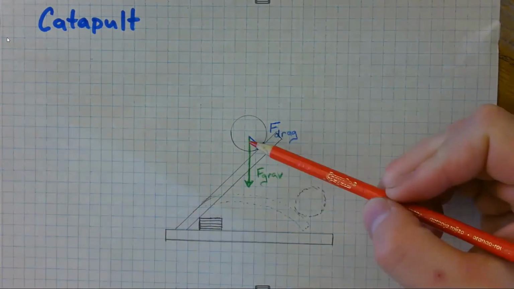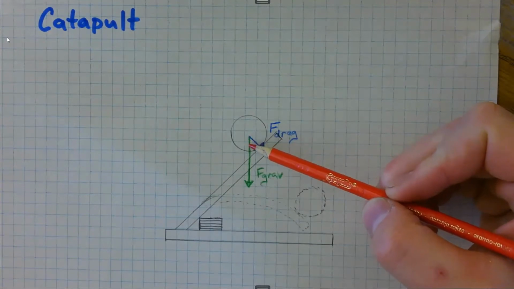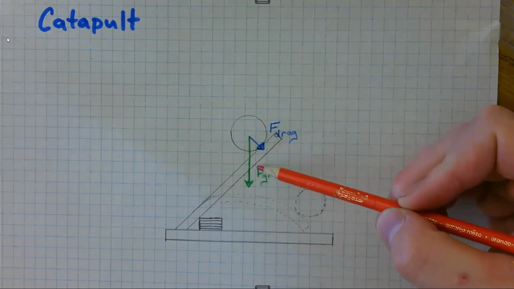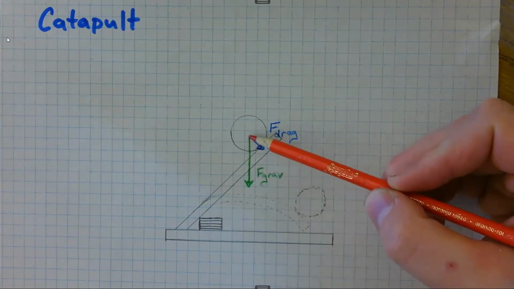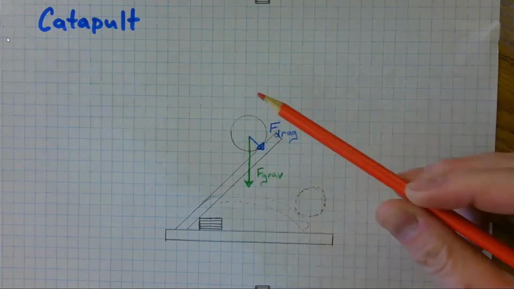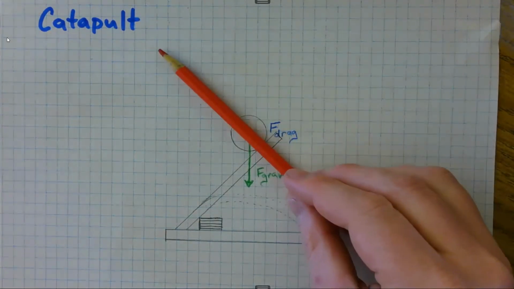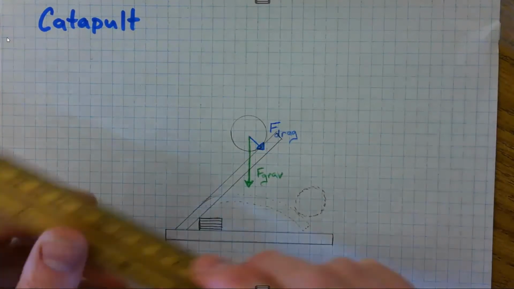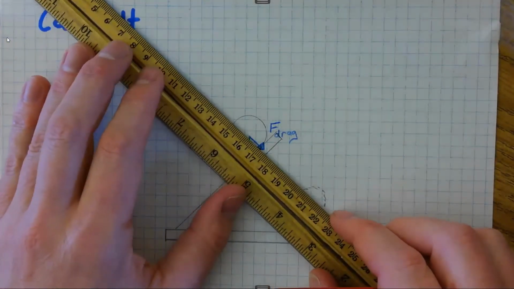Because if these were our only forces, that would mean that the marble's going to accelerate down and a little bit to the right. If we added these together to get our net force, the net force would be in this direction. But we know the marble's going to go kind of this way because of the force applied by the catapult. So let's just call it the applied force.